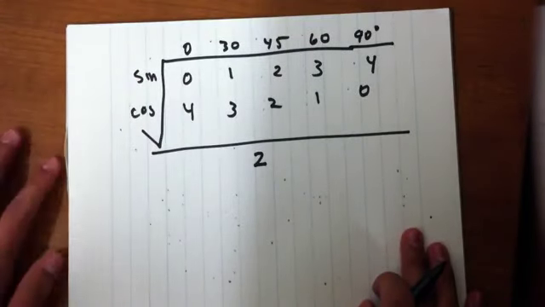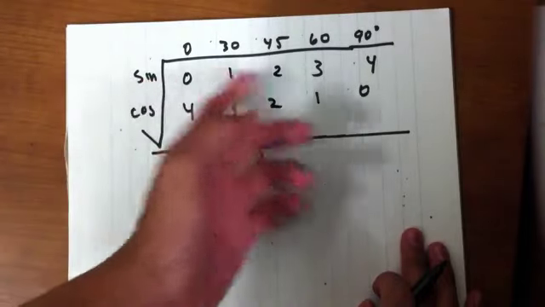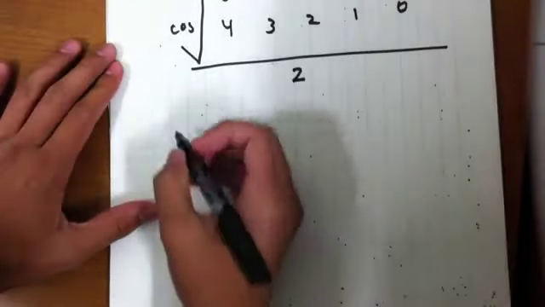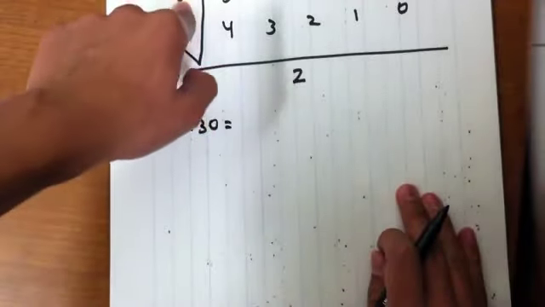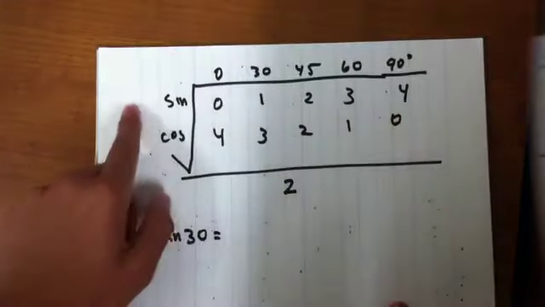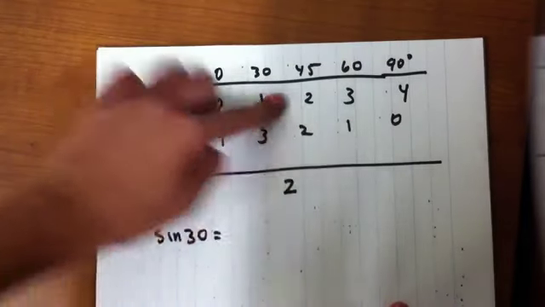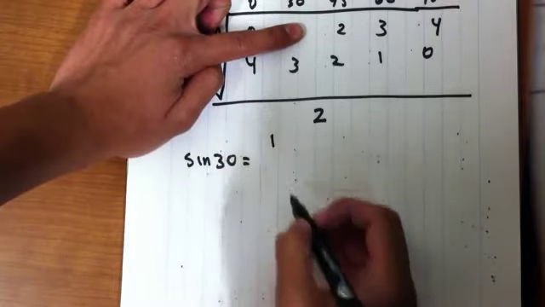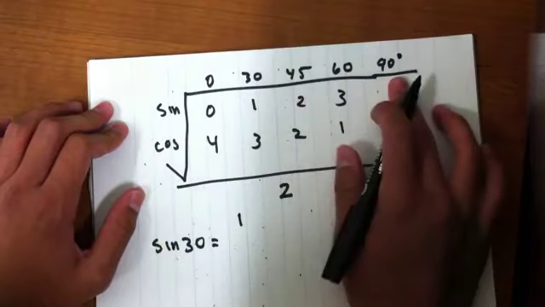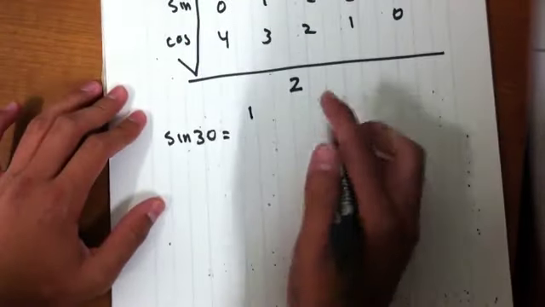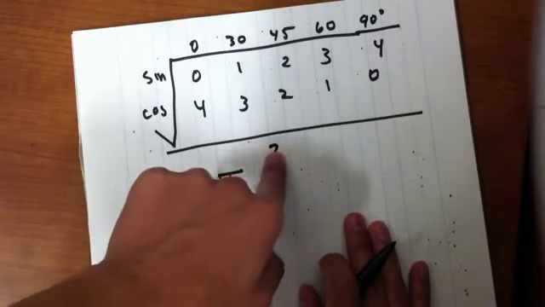Okay, so let's do an example. If we want to find sine of, let's say, 30, you go to the line of sine, right below the 30, which is 1. Then you square root it, and then you do the division by 2.